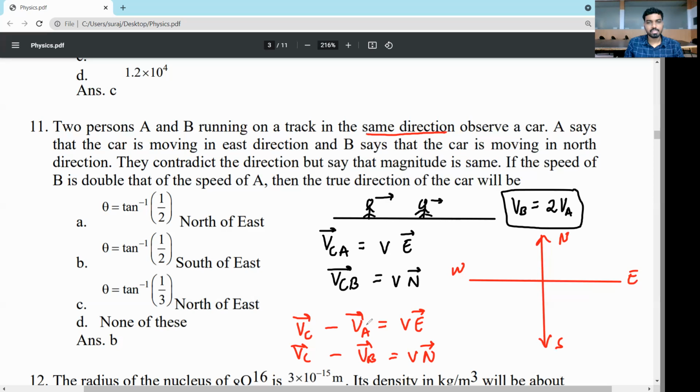So what is velocity of A? Velocity of A I can write as velocity of car minus V into east direction. So what will happen here? True direction of the car will be, one second, I'll just erase it so that I make some space.